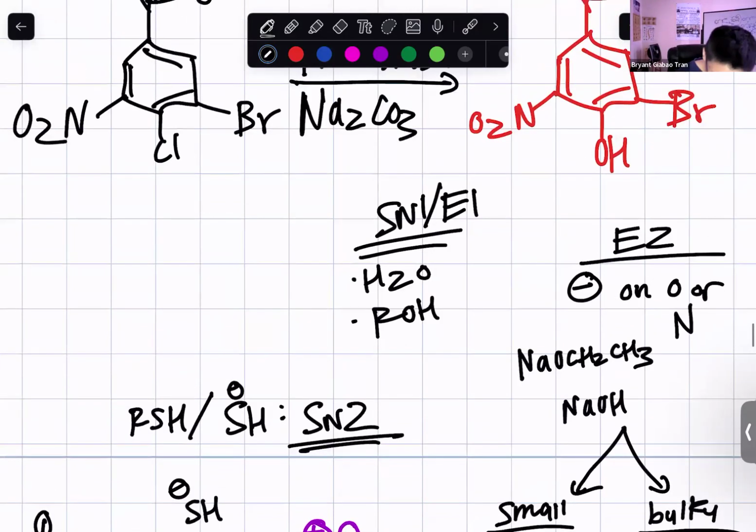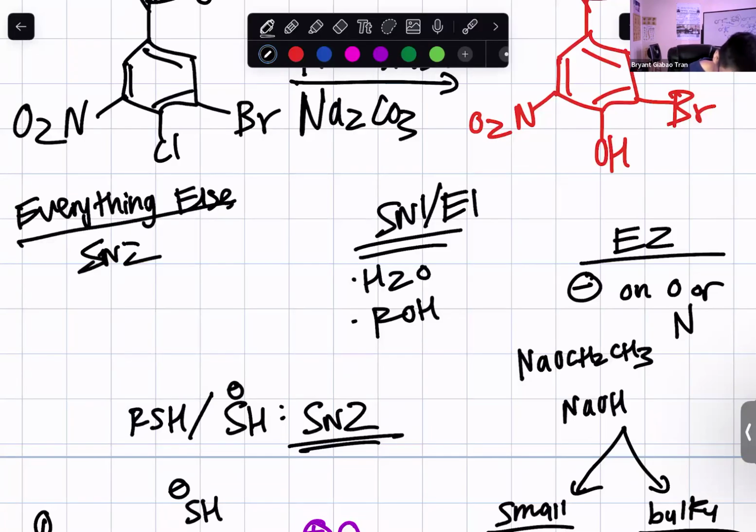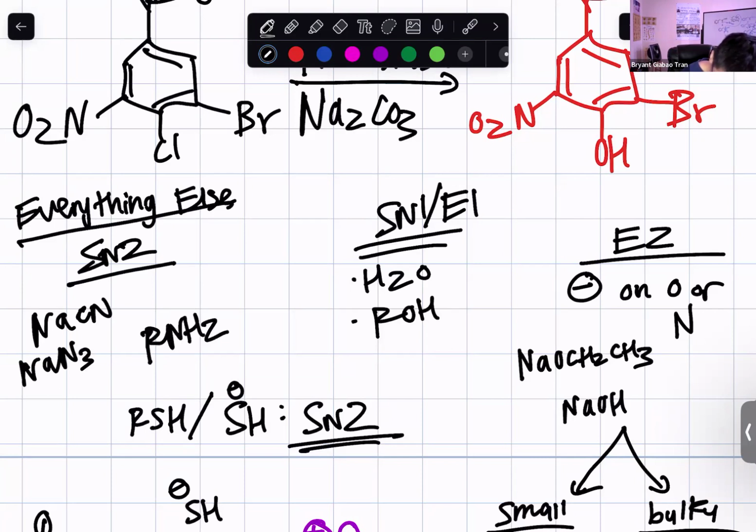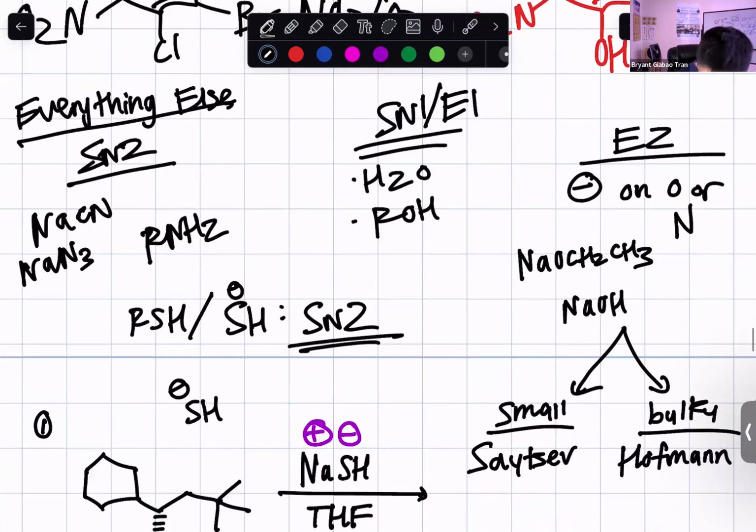And then everything else is SN2, like the weirdos: NaCN, NaN3, RSH, SH minus, neutral amines. Neutral amine is probably a weird one, because that's different than NH2 minus.